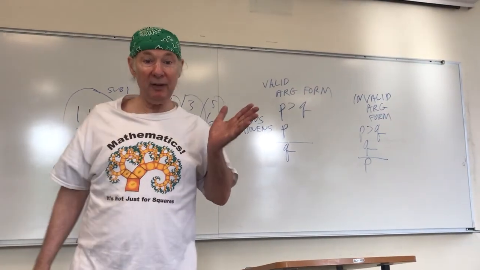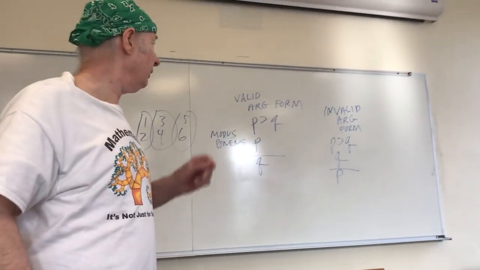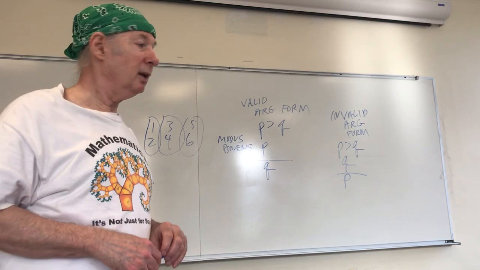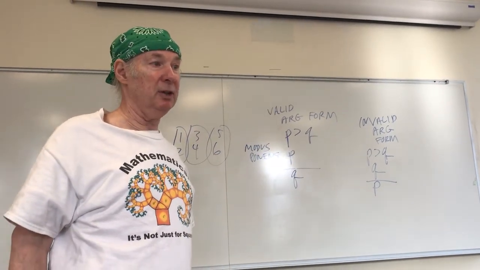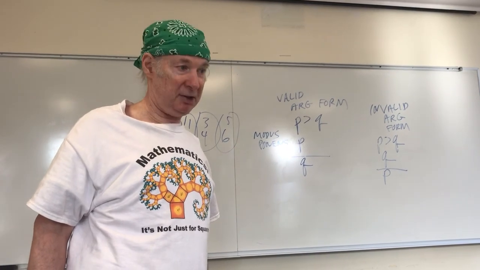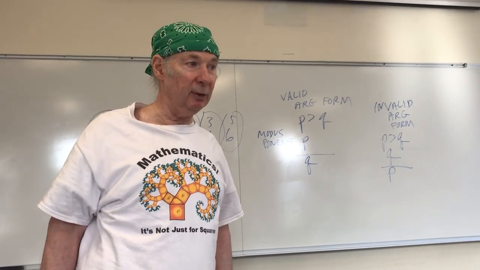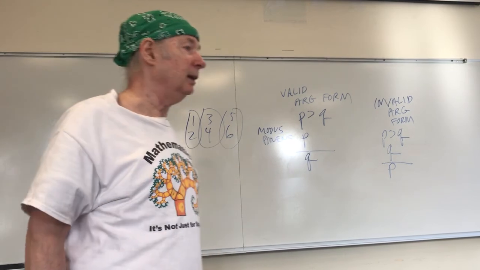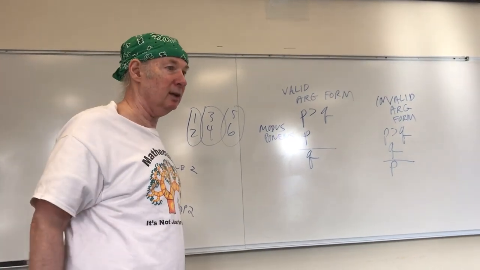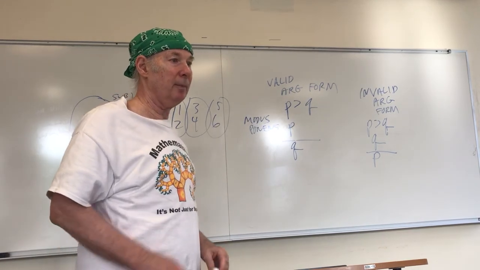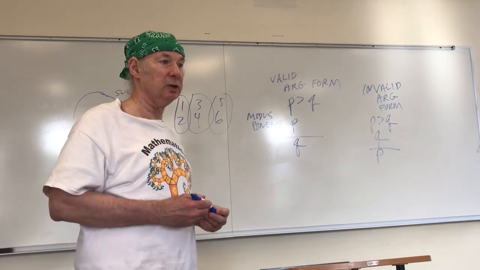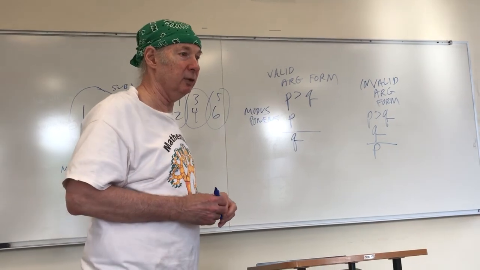Now, are there invalid argument forms such that any argument you get by substituting for the P's and the Q's is invalid? Yes, there are. And I call them evil twins. And here is what an evil twin is. You take a valid argument form, negate the conclusion, and the result is an evil twin.